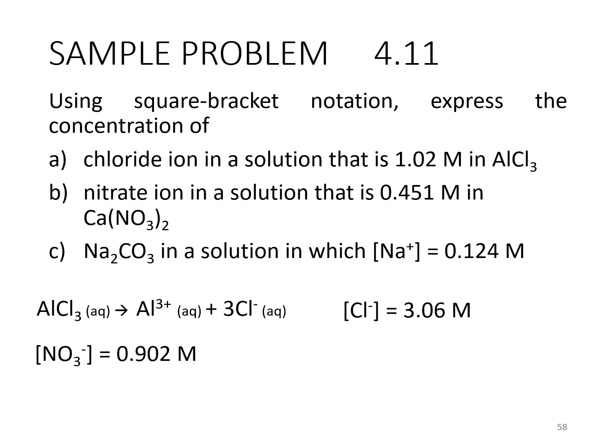So it means that you're going to end up doubling the concentration of nitrate with respect to the calcium nitrate. Similarly, this is kind of in reverse. We have sodium carbonate in a solution in which the sodium concentration is 0.124. Well, in order to create a solution out of sodium carbonate in which the concentration of the sodium cation is 0.124, you would have to halve the concentration.